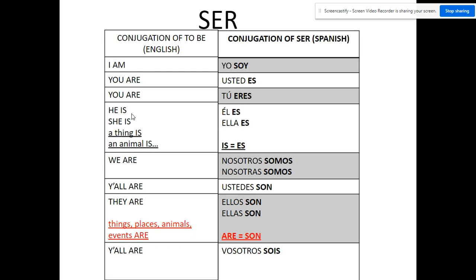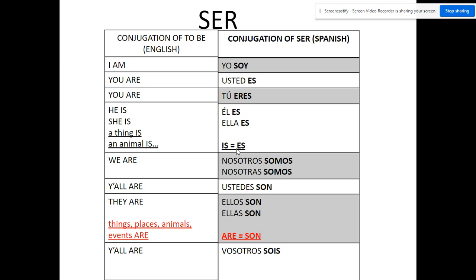Is, as I told you before, is es. Okay? So to say he is él es. She is, ella es. And this is very important here. If it is not a person, but if it is an animal, an object, a place, an event, see, the concert is awesome, then is going to be es.